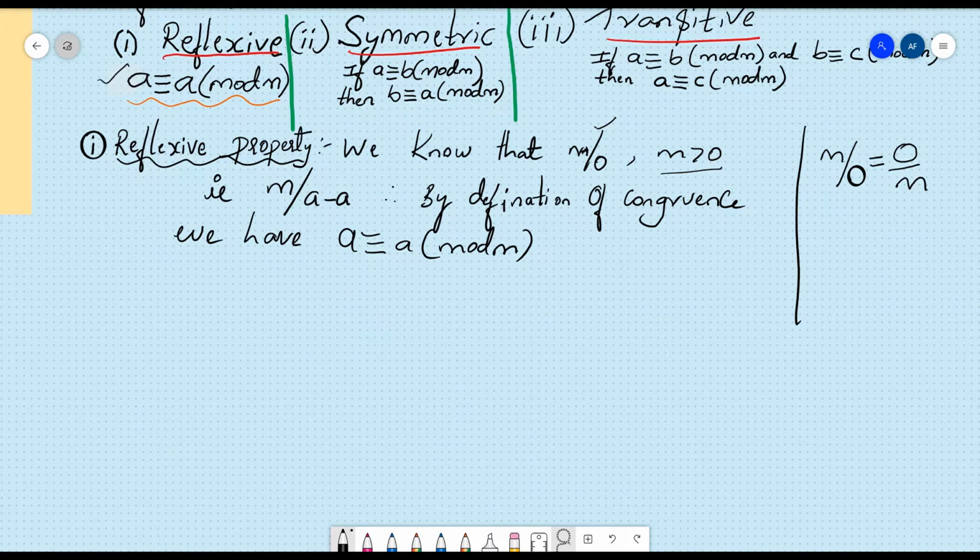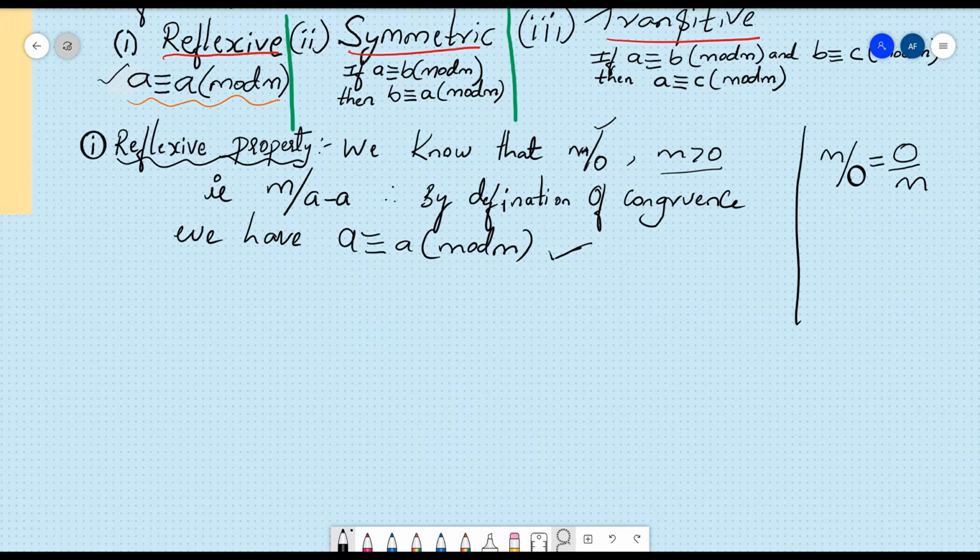That is the required result, the thing we need to prove. As you can see here, this is the reflexive property. If you still have doubts, go and watch the first part of this video where I have explained the definition of congruence with an example. So this is the reflexive property.